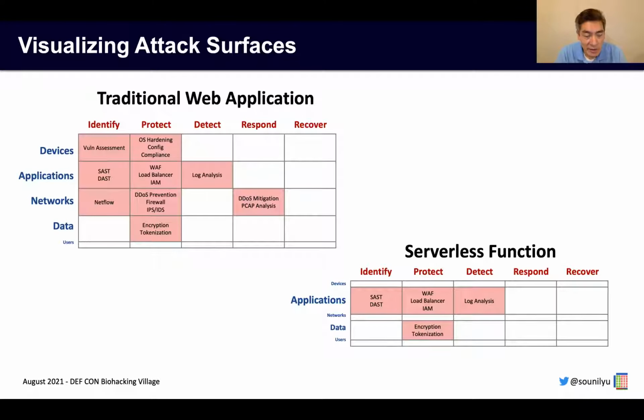And when we consider all that I need to secure and the attack surfaces associated with it, we can see that there's a lot of controls that are needed. Compare that to, let's say, a serverless function where I can remove much of my attack surface, or at least transition the risks associated with that to the provider that's providing the serverless function.